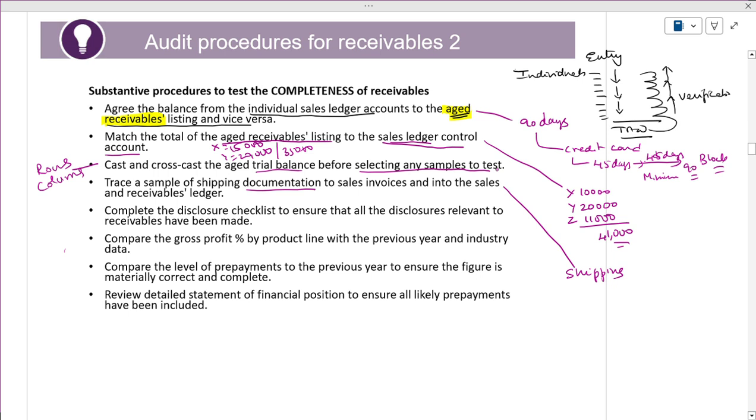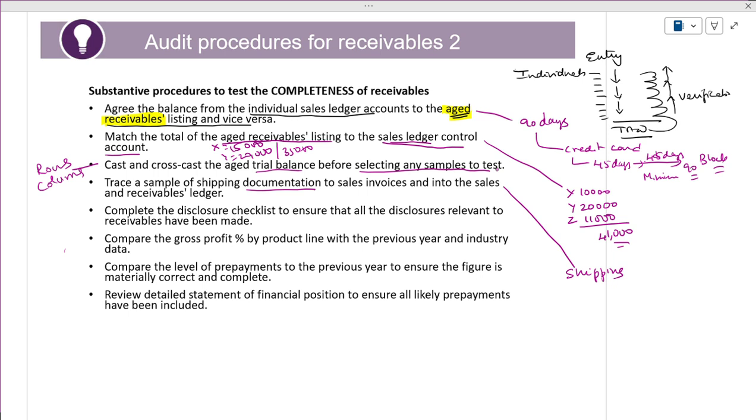We have to make sure that we have done these transactions. If tomorrow the client comes and says there is no evidence for that, you can say that there is a shipping document and there is a sales invoice. Subsequently, you are going to show it in the sales or in the receivables ledger.